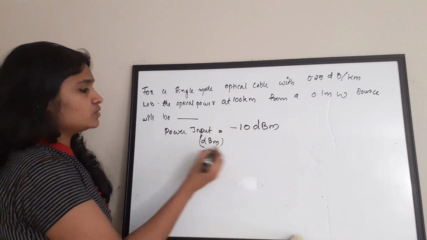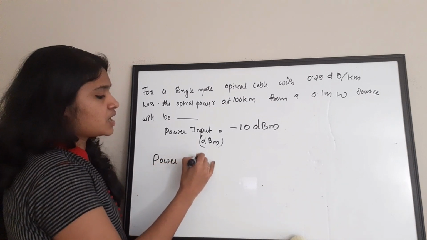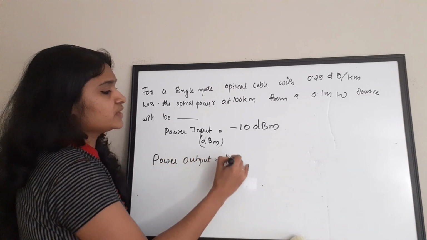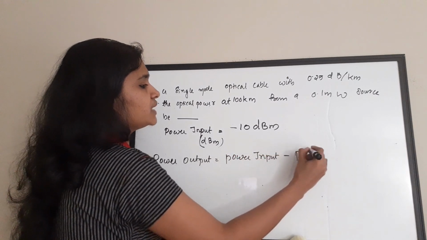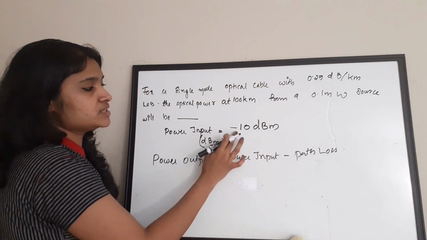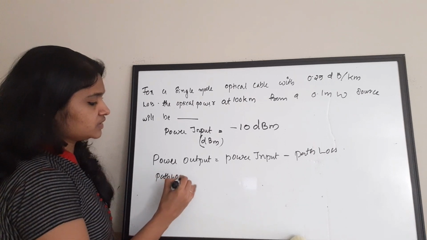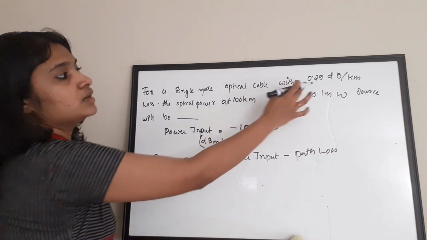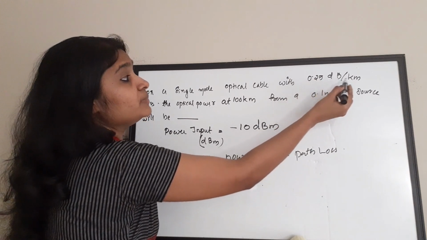Now, we need to find the output power. So power output is equal to power input minus path loss. Right. So, what is the power input? We have obtained it as minus 10 dBm. Now, what is the path loss? It is having a loss of 0.25 dB per kilometer.